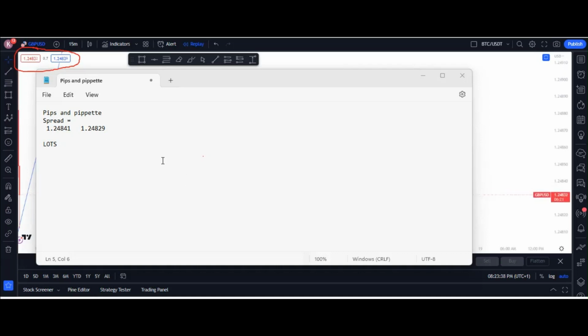Standard lot means one full lot. The mini lots are 0.10. Micro lots are actually the last, which will be 0.01.